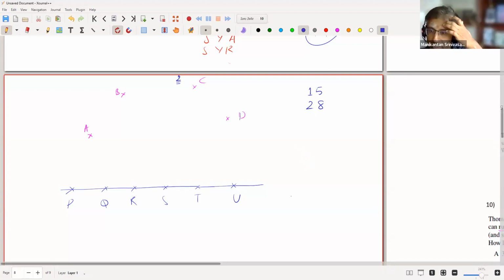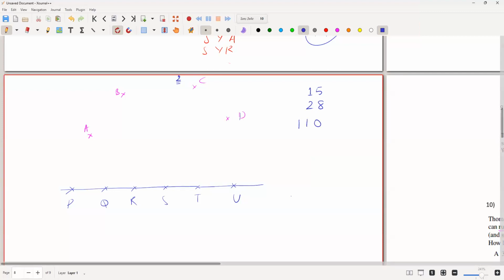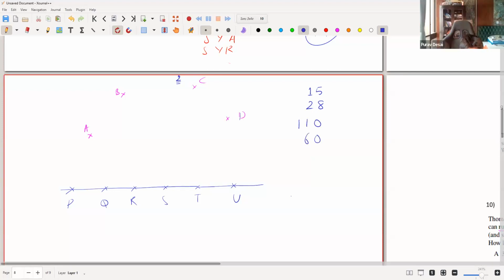I got 110. Okay. I got 60. Akrit, did you calculate the numerical value of what he called out?